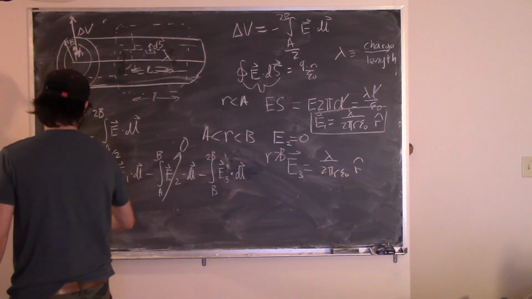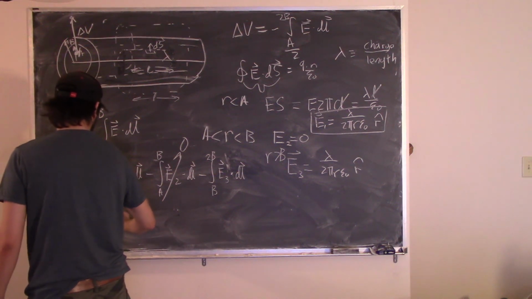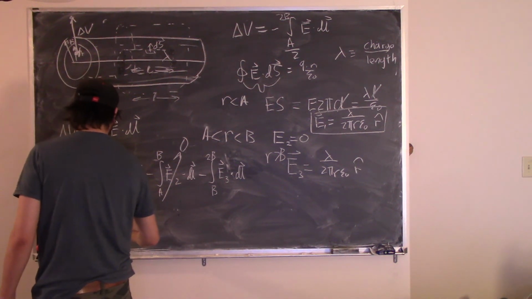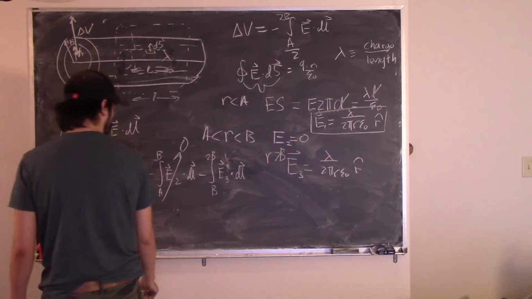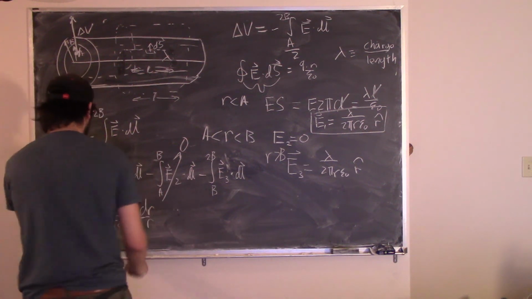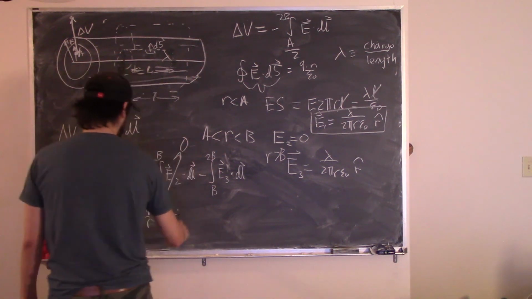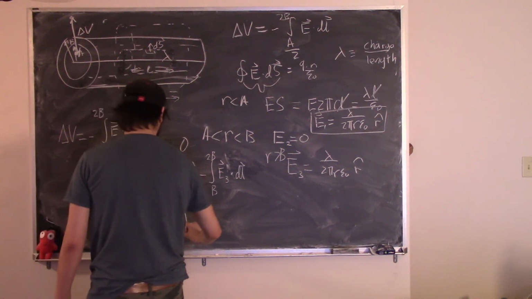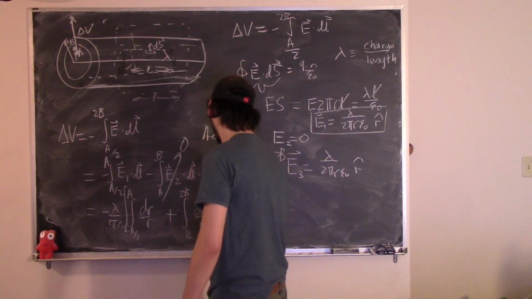And so what we end up seeing here is that the first integral is going to be minus lambda divided by 2 pi epsilon naught, integral from a over 2 to a of dr over r. And this minus lambda divided by 2 pi epsilon naught is going to be common to both integrals, so we can factor it out. The other is the integral from b to 2b of dr over r.